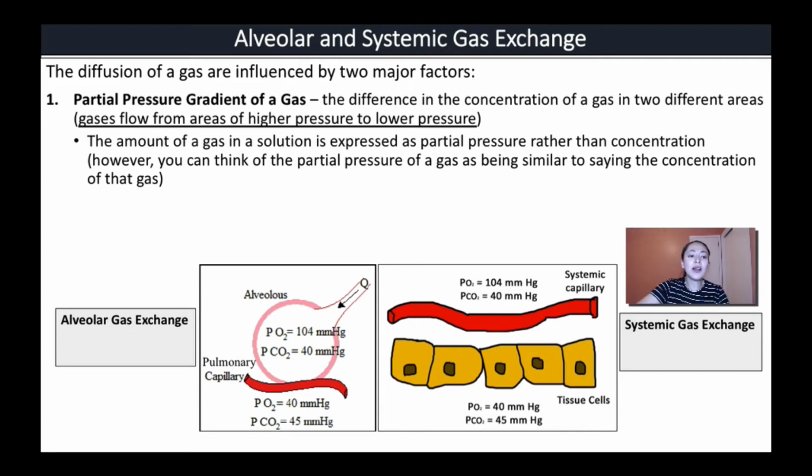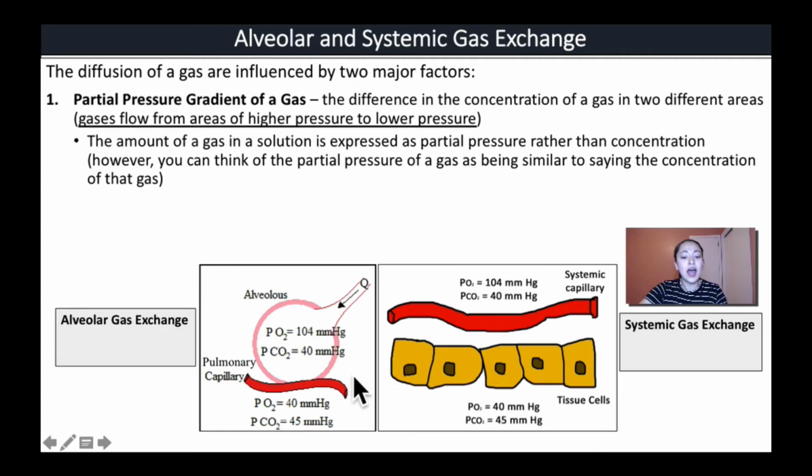All right, so let's apply this concept of partial pressure to alveolar gas exchange. Here's a picture of the alveolus. Within the alveolus, or in other words, the air sacs within our lungs, the partial pressure of oxygen is 104 millimeters of mercury, because we're bringing in some fresh air into our lungs.